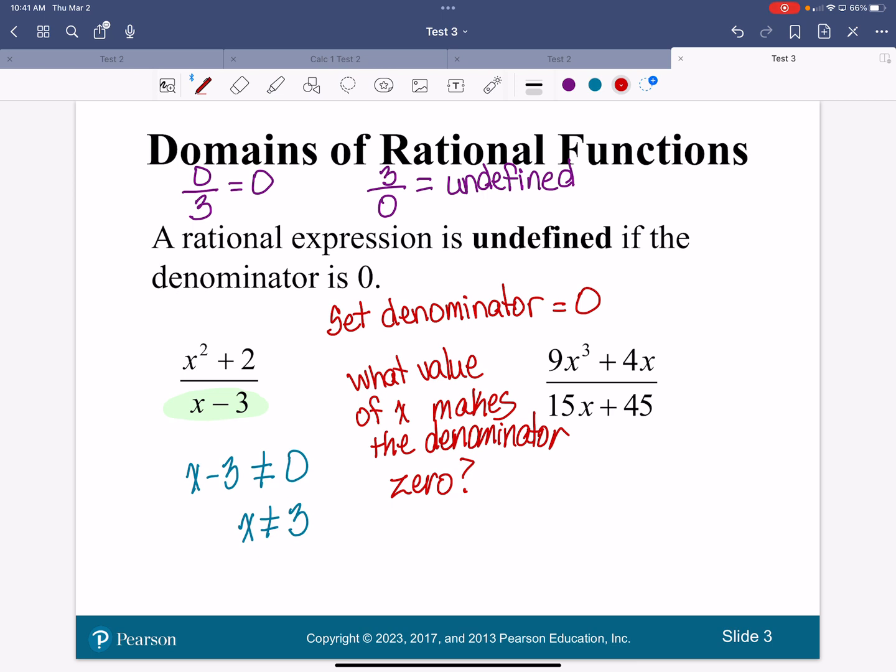Okay? Now, here, I am going to focus on this denominator right here, 15x plus 45. And I am going to set that equal to 0. Now what I want you to do is I want you to solve this.